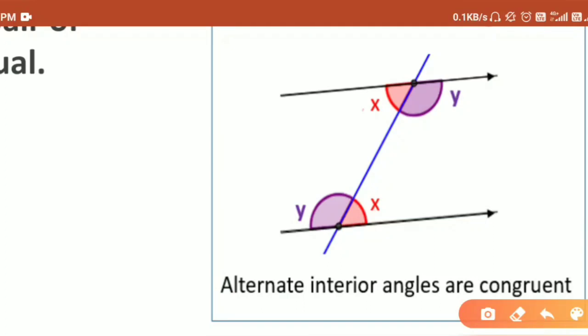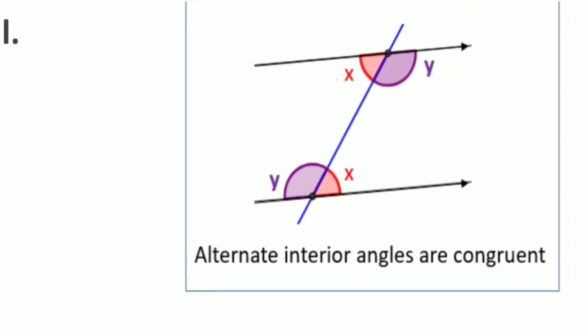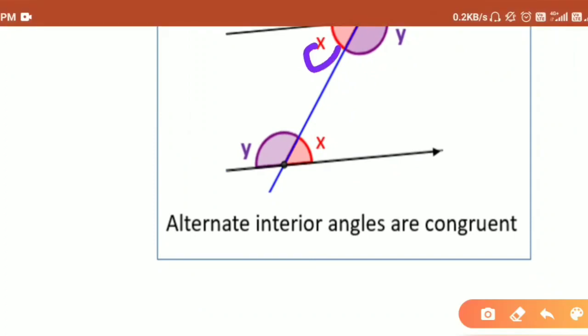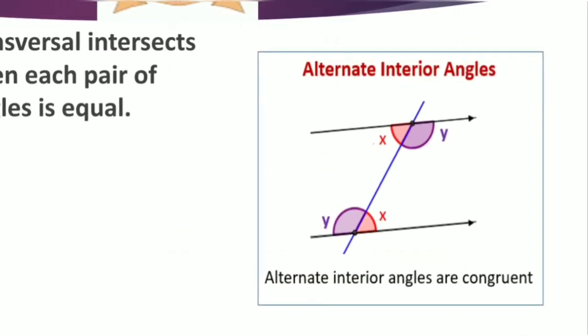Now suppose you know that a linear pair of angles is 180 degrees, so x plus y is equal to 180 degrees. Similarly, we know that alternate angles are equal for parallel lines, and that's what we wanted to prove. So angle x is equal to angle x. This is what alternate angles are. They are equal when the lines are parallel.